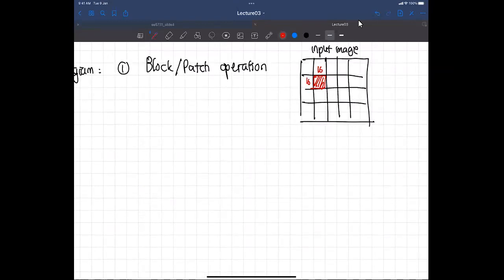Now, because you have many pixels, you will have many orientations and many magnitudes for each of the 16 by 16 pixels. So because you have many pixels, then you can create a histogram. In this histogram, the bin, the x-axis, indicates the orientation.